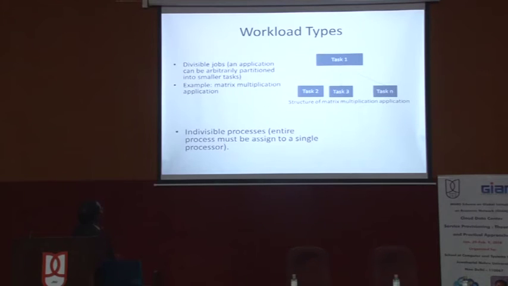Okay, let me go into workload types that are now run in cloud computing. We divide workload types as divisible and indivisible workloads. An example of a divisible workload is matrix multiplication, where you can divide the application into task 1, task 2, task 3, and then these tasks run on individual nodes.